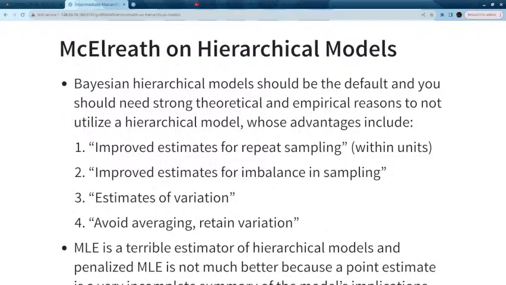And McElreath thinks it, but he doesn't say it so strongly, that maximum likelihood is a terrible estimator of hierarchical models because it doesn't utilize the fact that you can use prior information to say, well, I think there's going to be some heterogeneity, but it's unlikely for there to be a huge amount of heterogeneity across big units or whatever.